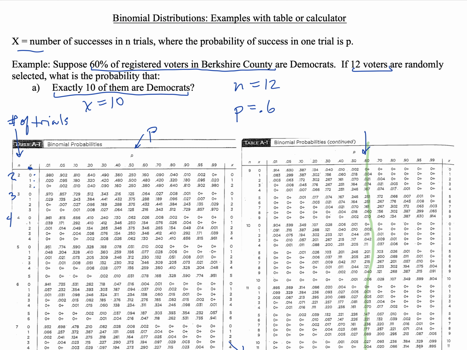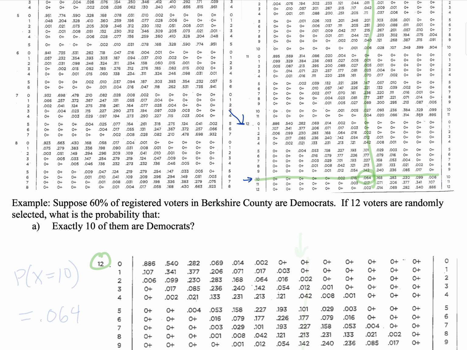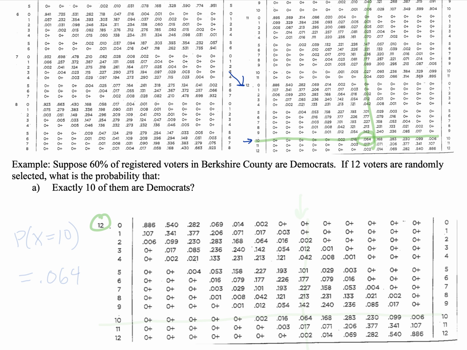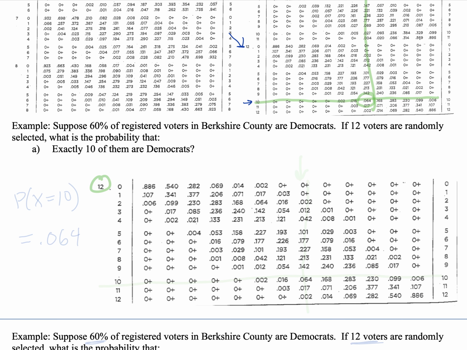So again, we're at n equals 12. Up at the top, we've got 0.6 is the probability that we're interested in. So 0.6 was in this column, and we're looking at this row.